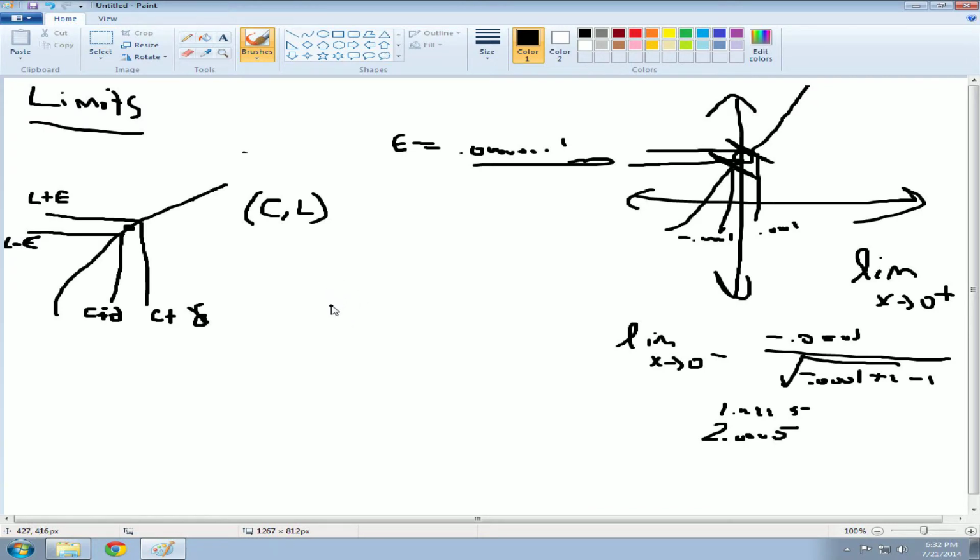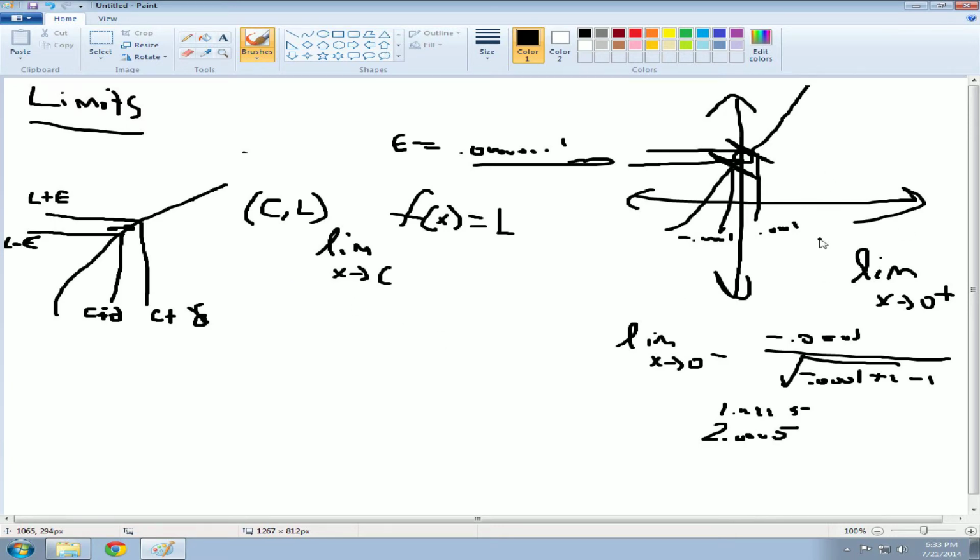So as x approaches c, f of x becomes arbitrarily close to L. f of x becomes extremely close to L as x approaches c.